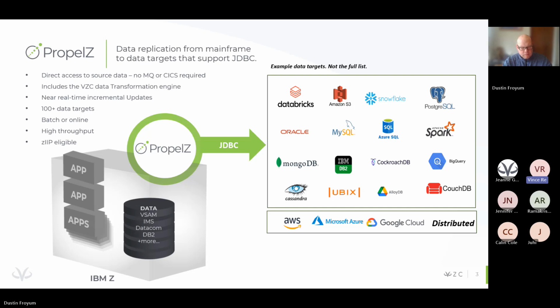One example is network file access, so things like FTP or secure FTP. You can give us a URL and say, go get that data from this particular system with these credentials. We'll read it in over an FTP connection, and then that becomes the input to PropelZ.